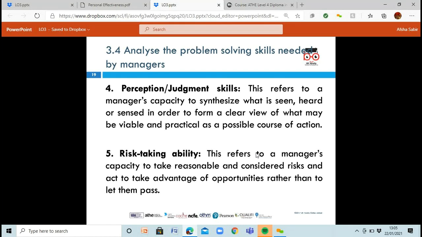And then you've got judgment skills and perception. This is when a manager has a clear view of how they can judge people. If you've been working with people for a very long time, if you've been interviewing someone, for example, if you want to hire someone or you've got people in your team, once you've been dealing with so many people over a long time, you end up creating good judgment.